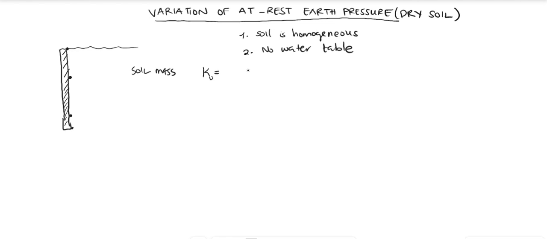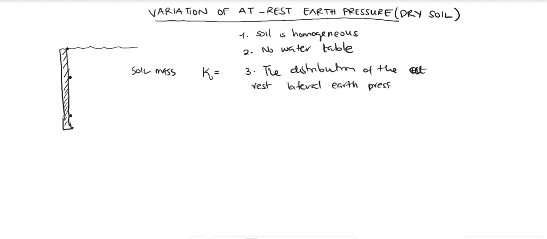Then, three, we are saying that the distribution of the at rest lateral earth pressure for dry soil is what I have shown in this diagram.